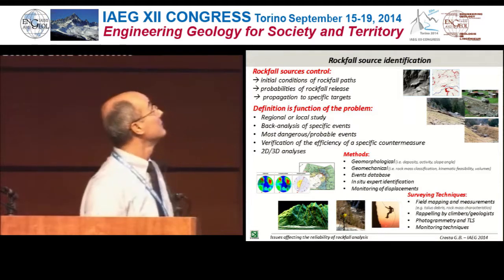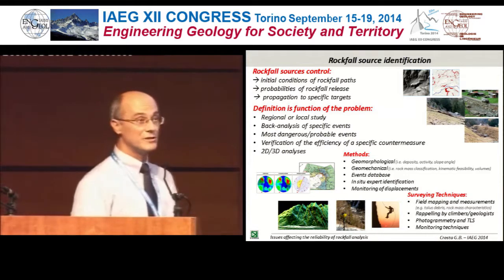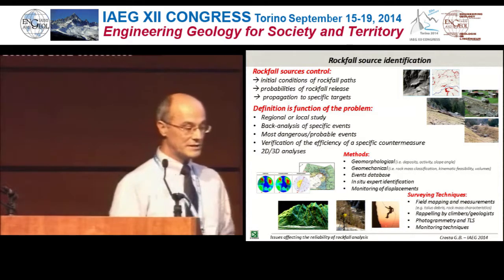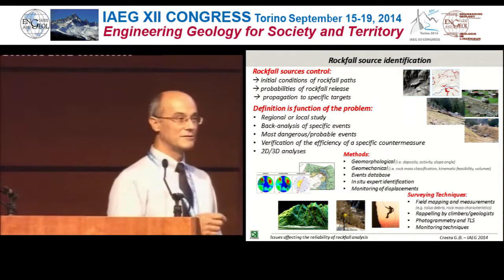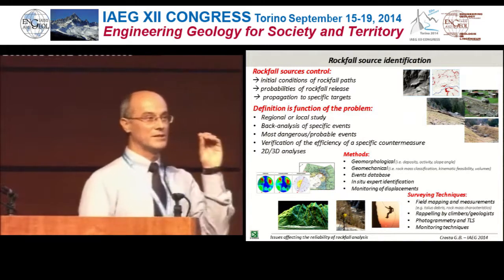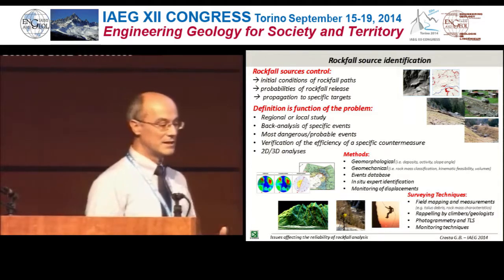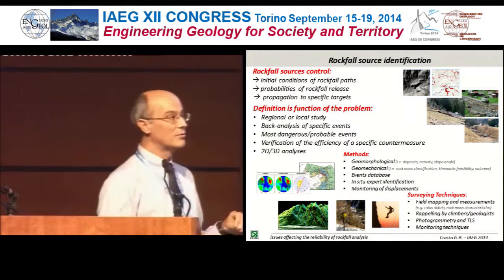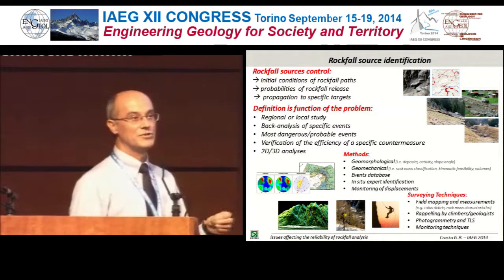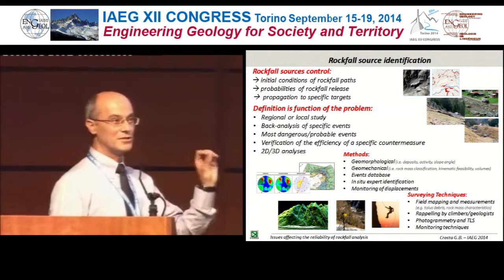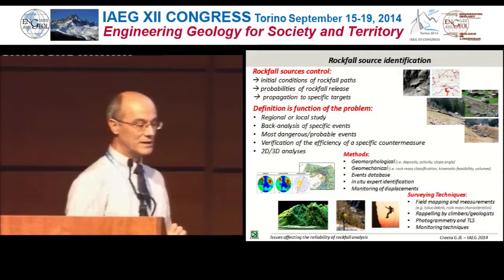So we can try to define regional or local source areas. We can assign to the model a specific source area just because we are back analyzing a specific problem, or we can simply find the most dangerous blocks or the most dangerous sector of the cliff.